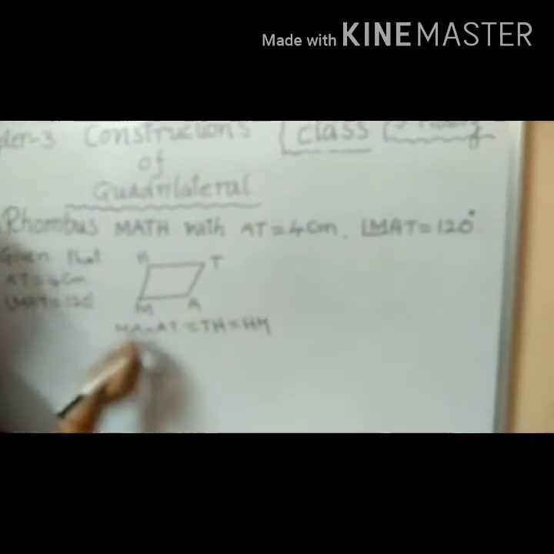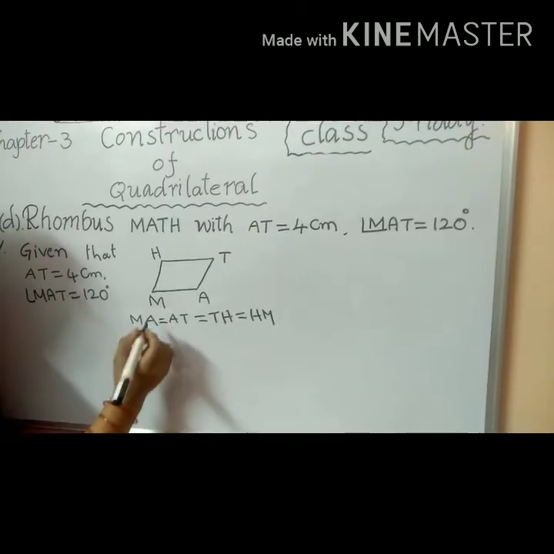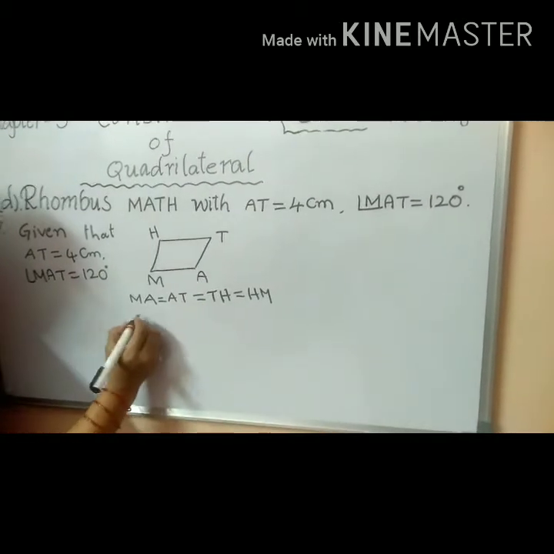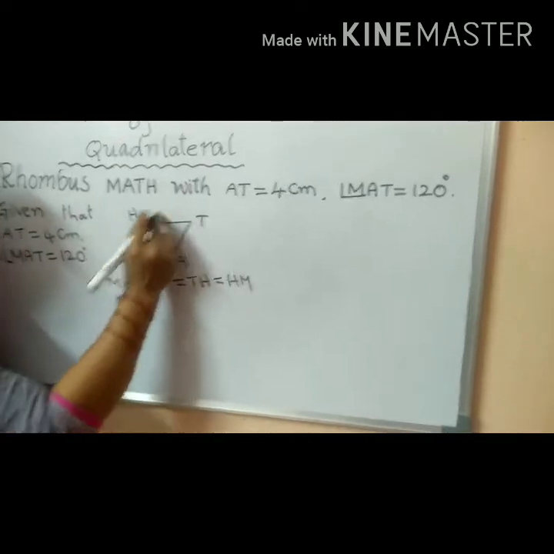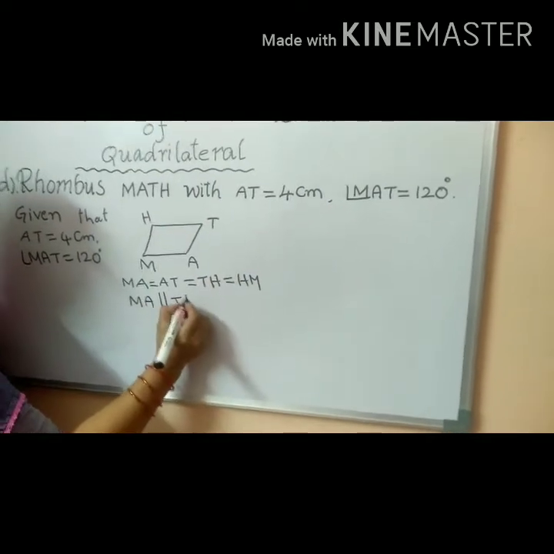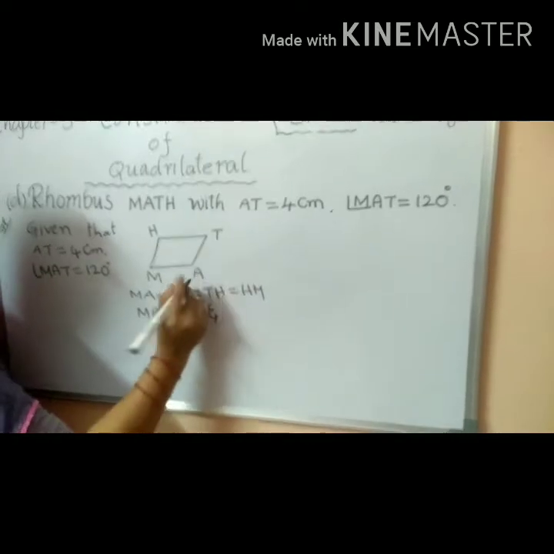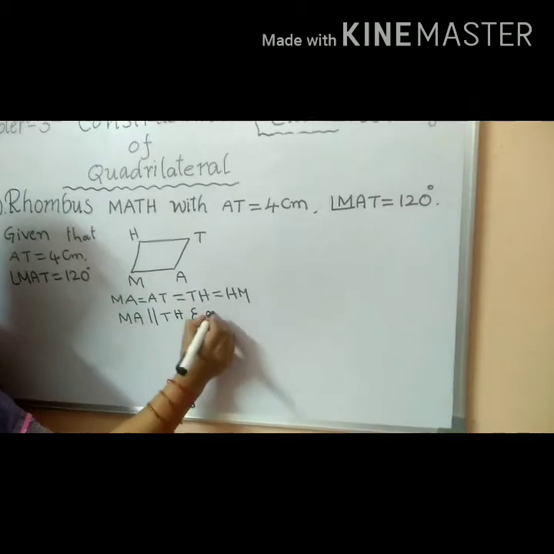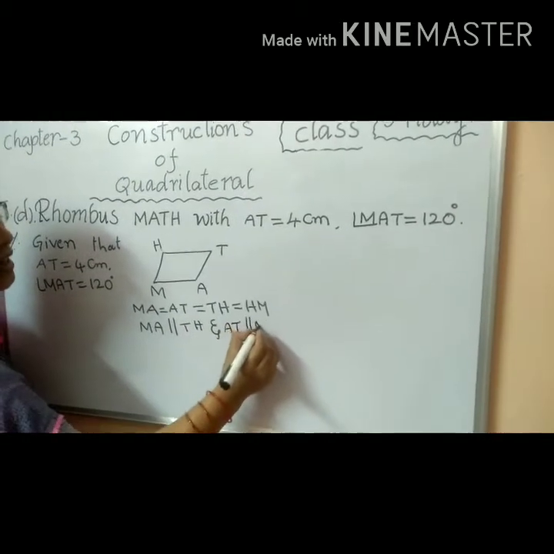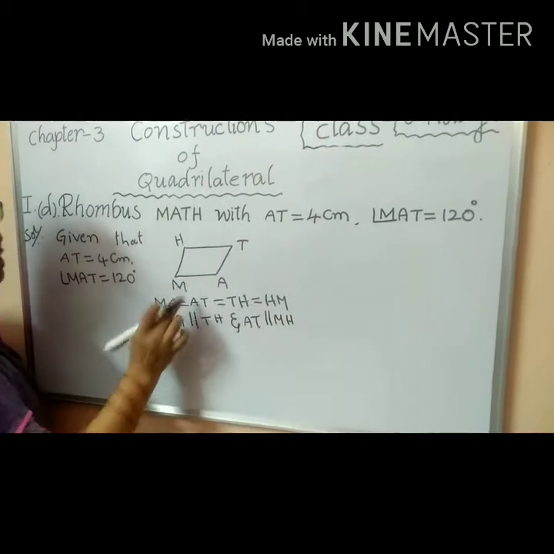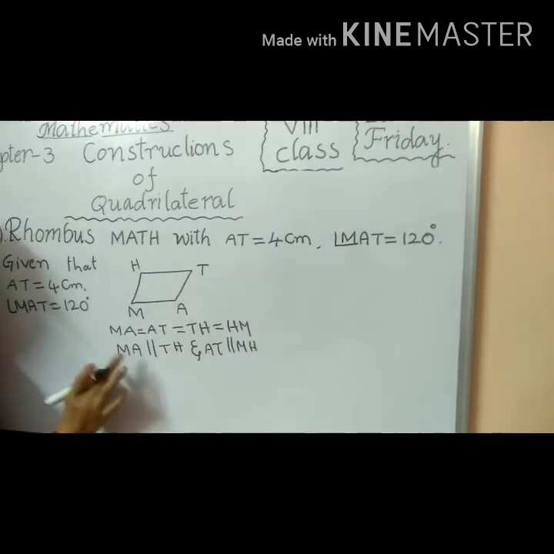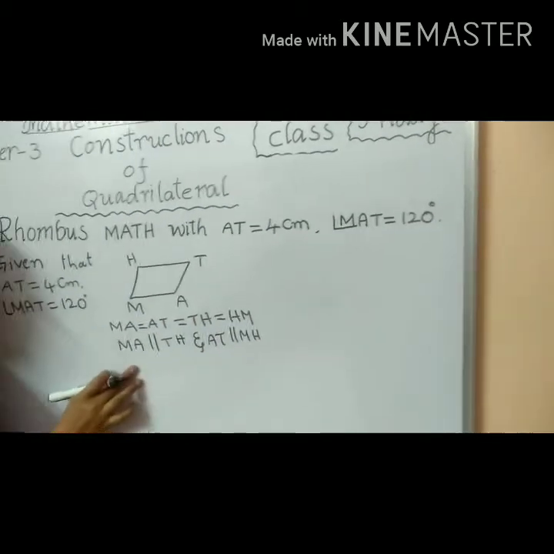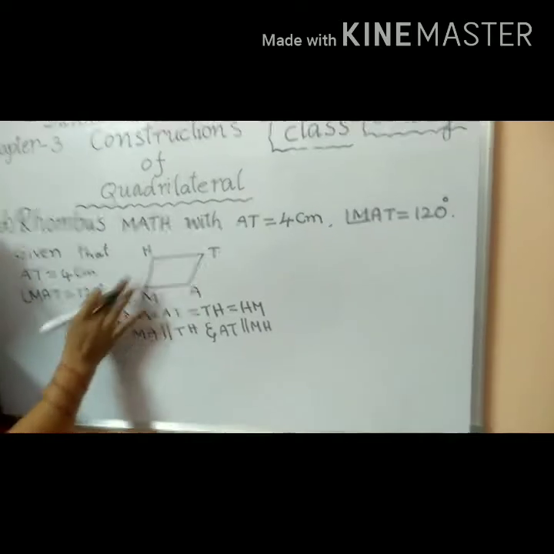All sides are equal and at the same time opposite sides are parallel. So MA parallel to TH and AT parallel to MH. These are the properties of rhombus.